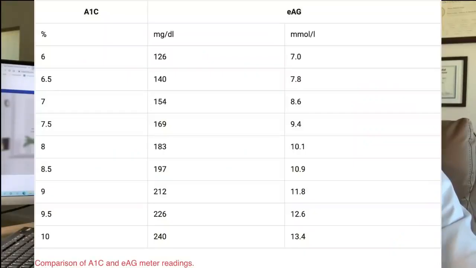So 6% is 120, 7% is 150, 8% is 180, and it goes on. For example, if you look at 12%, that's around 300. So you can make an easy calculation about that. I hope that's easy to understand, and we'll move on to the next topic now.